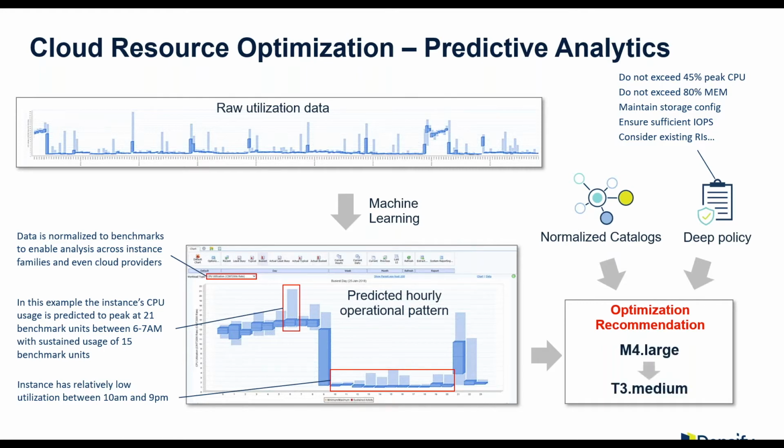And in this case here, we're making a recommendation to change from an M4 large, so general purpose, large, to a T3, so burstable, medium, because there's a better fit for the workload personality, as well as it's a more cost-effective instance family type to change to. So it's taking that detailed analysis, applying machine learning, and then determining the best fit for that particular workload.